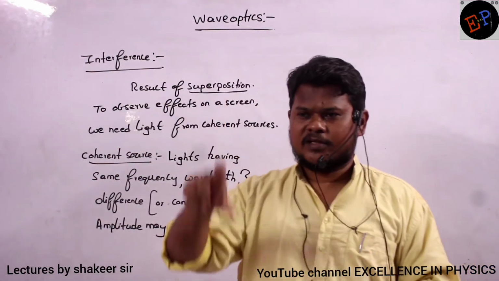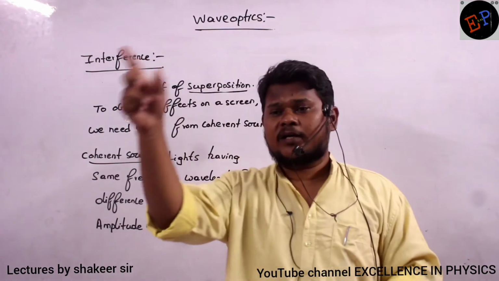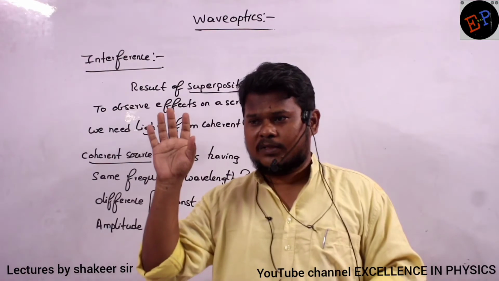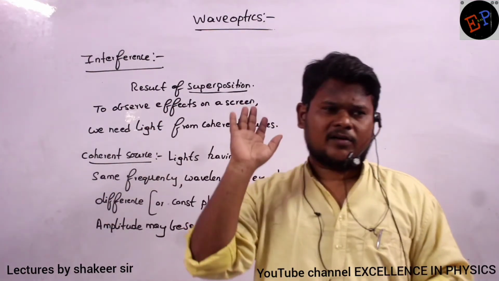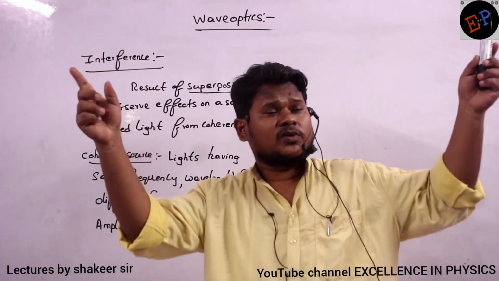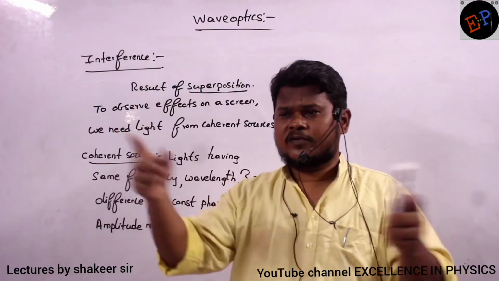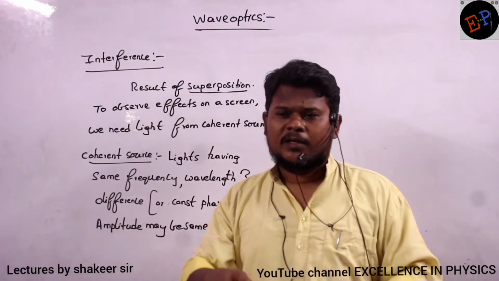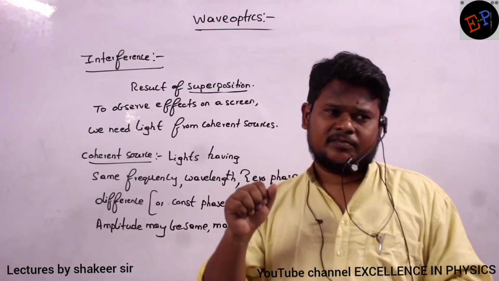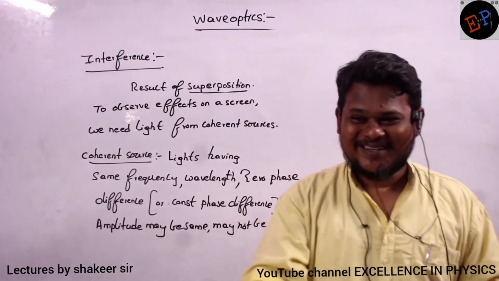That observation on a screen is called interference. These two lights are superposing, but the pattern I cannot see. What can be the reason? These two lights are also waves only, no? So the wave of this light and the wave of this light will superpose, but that pattern I cannot see. I cannot see that a bright band is formed, then a dark band is formed. What is the reason?